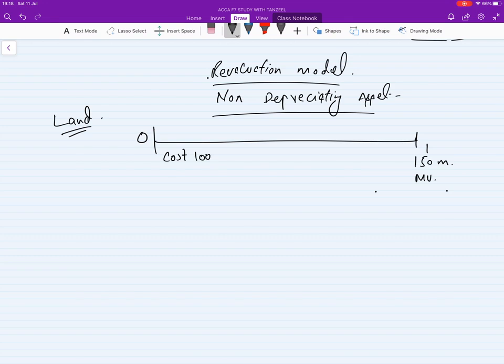Suppose you have land, and when you bought it the cost was 100. At the end of year 1, the land value has increased to 150 million. So it is a gain. So you got the gain.